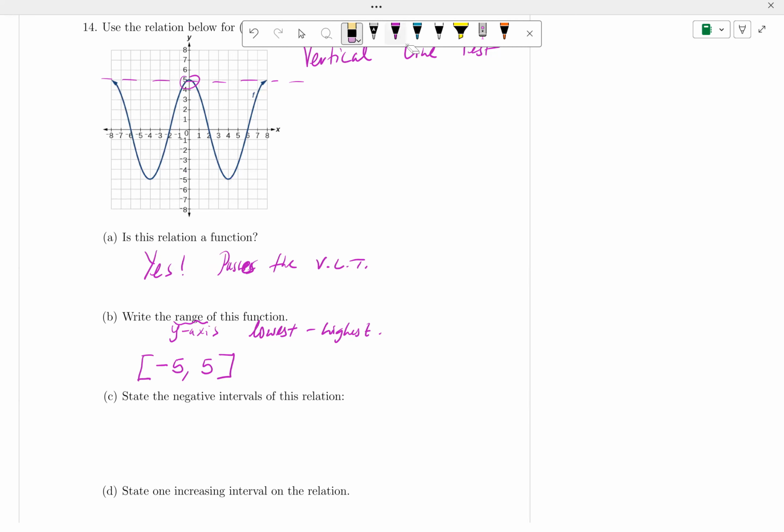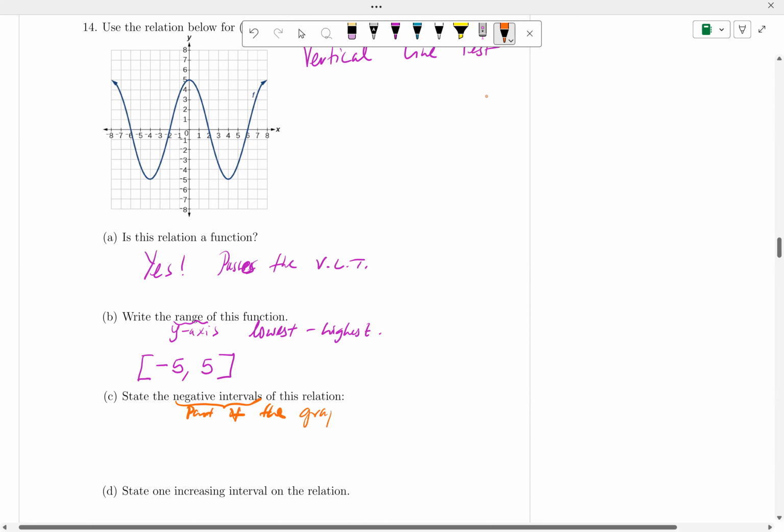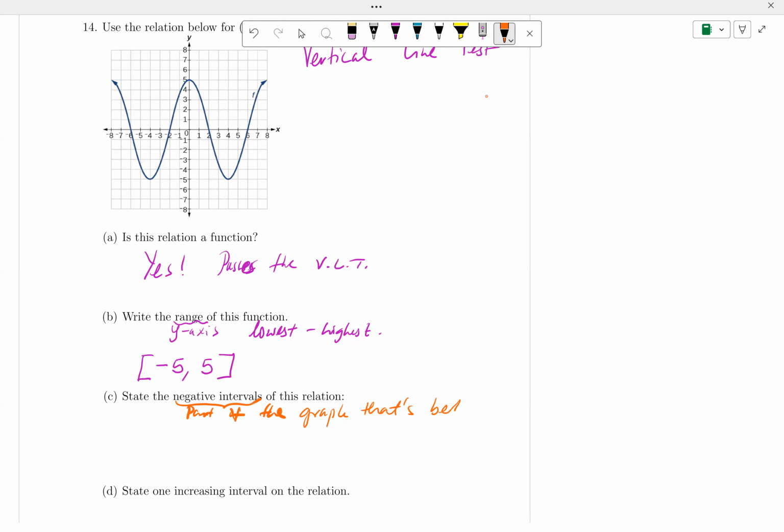The next question is asking you to figure out the negative intervals of this equation. So negative intervals, that's asking you what part of the graph is below the x-axis.